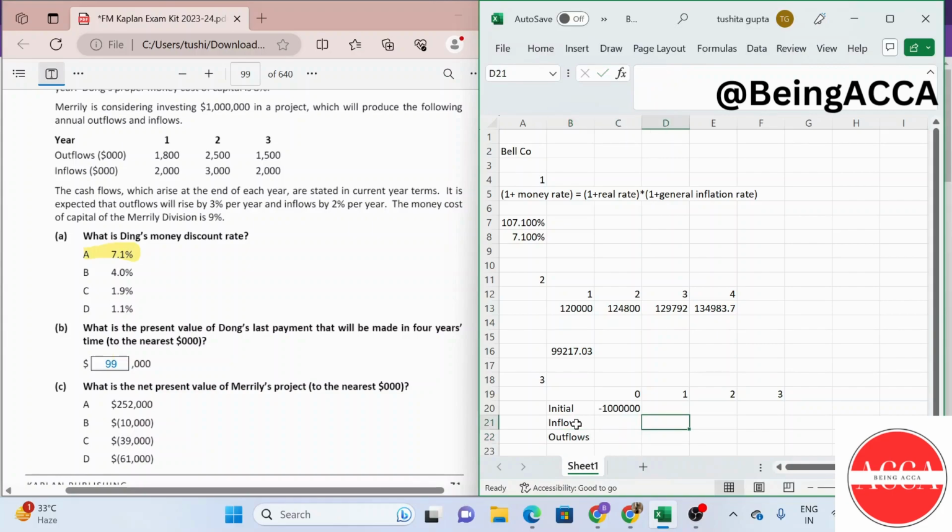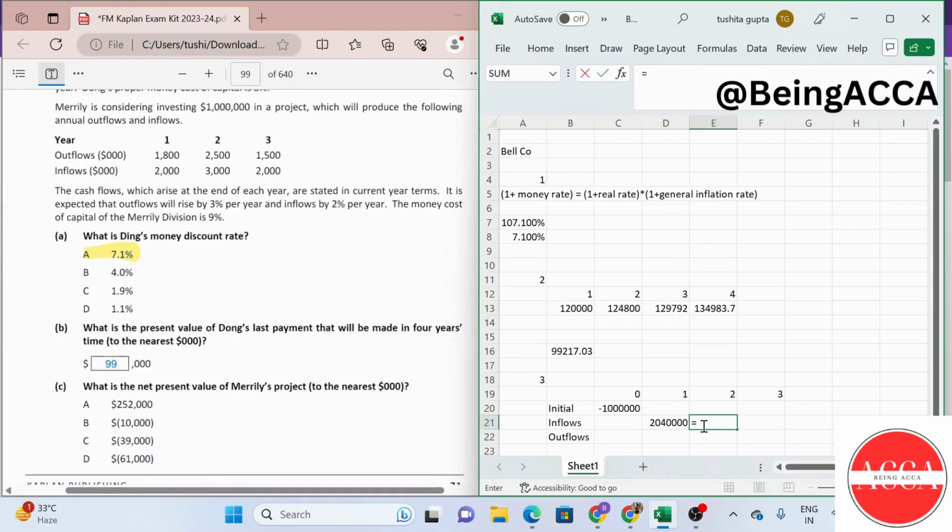So first of all, the first inflow is 2000. So this will be 2000 multiplied by the inflow rate, which is 2%. So this will be 1.02, my bad, raised to the power of the year in which it is coming in.